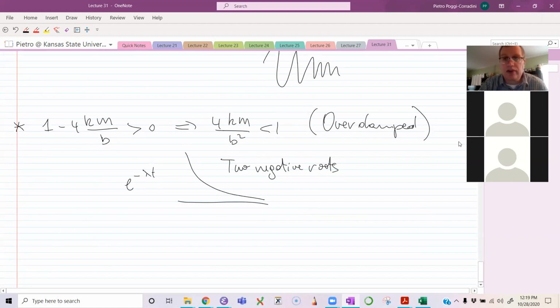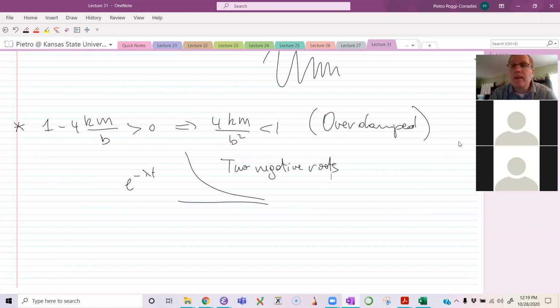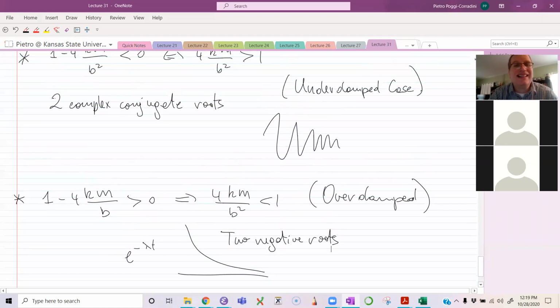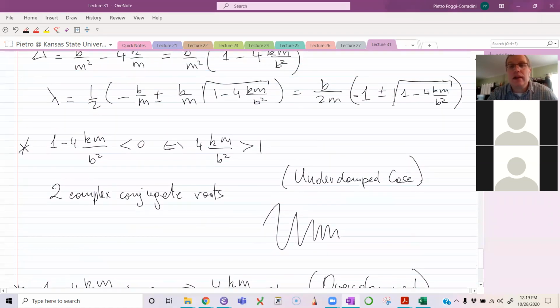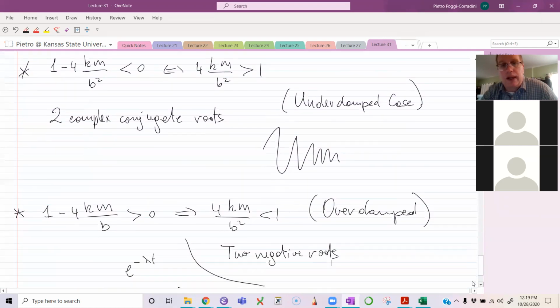If you look at the expression, there's a minus here. And this thing here, 4km over b squared, in this case is going to be less than 1. So it's not enough to make this minus 1 positive when you take the square root.